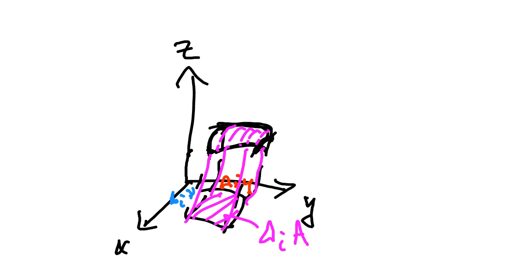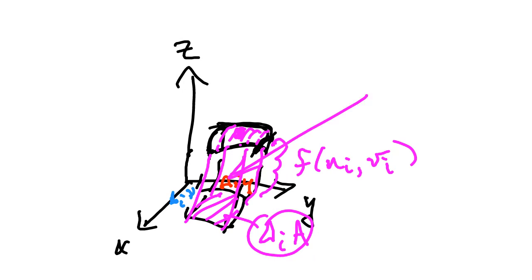If I take the area of the base times the height, where I just pick a point, so if I look at this height as f of u sub i, v sub i, then what I have is a tiny change in volume. I'm going to add up a bunch of those to get the total volume. So instead of A sub i for the ith area, this is V sub i for the ith tiny volume. And that's how we're going to utilize this.